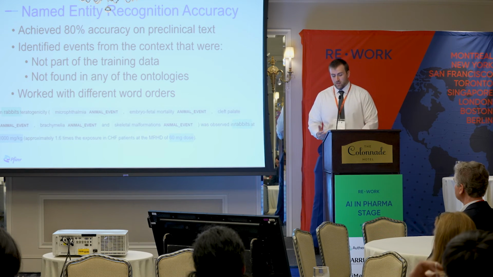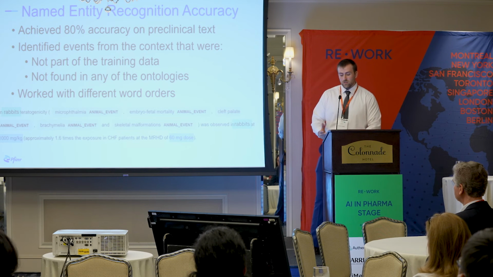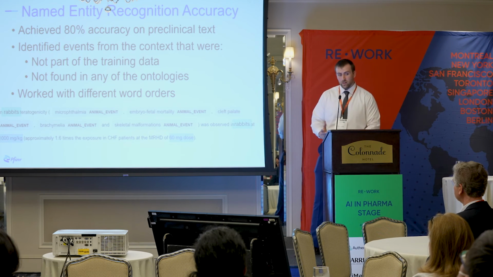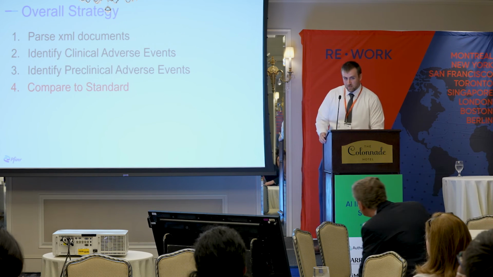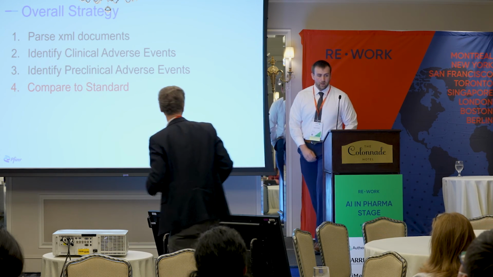We also see that in this case, we have our dosages labeled as well. So we can capture everything pretty well using this method and combining it with the pre-trained model for dosages already. So I'm going to pass this back to Peter, and he'll talk about comparing it to a standard.